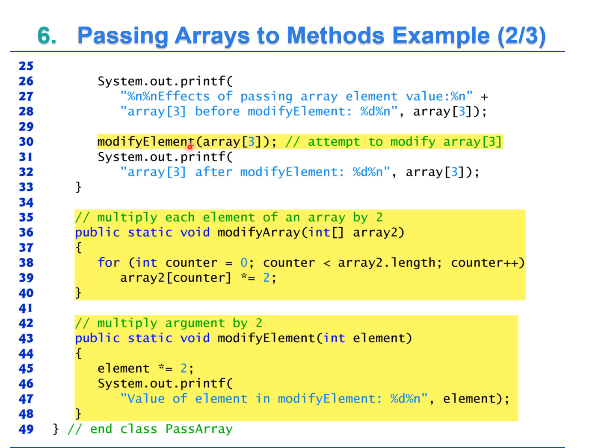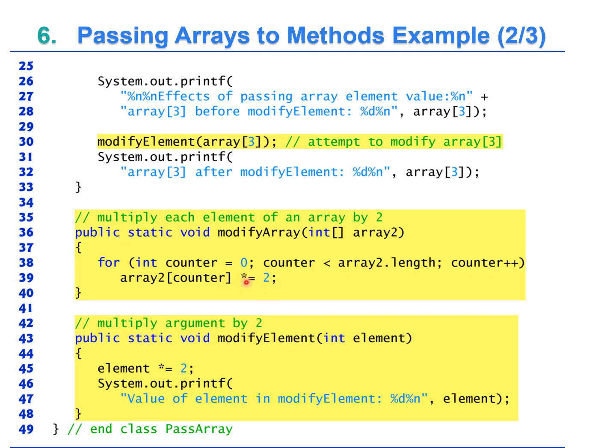Here are the definitions of the modifyArray method and the modifyElement method. Method modifyArray takes an array parameter of element type int and multiplies every element of the array parameter by 2.